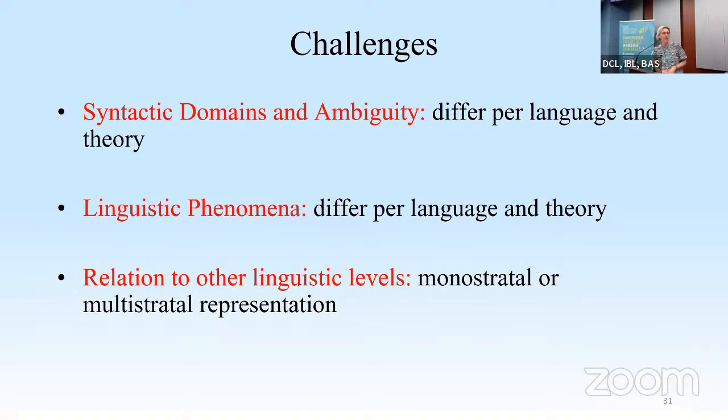And relation to other linguistic levels, whether we have a monostratal or multistratal approach. Monostratal is when you have everything at the same time, which is HPSG and LFG. It's, as I said, strong, but very complex. Or you have different levels and mechanisms to relate them. I worked in the first one, but I tend to like the second one.